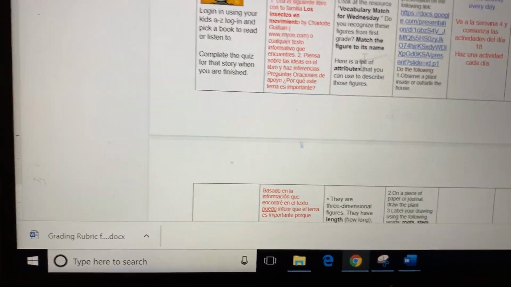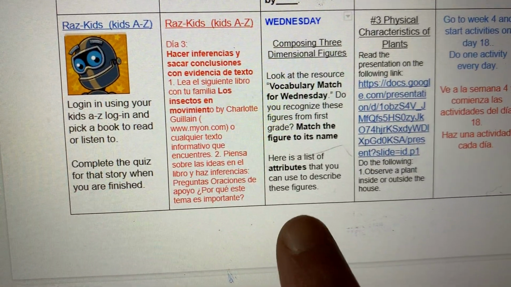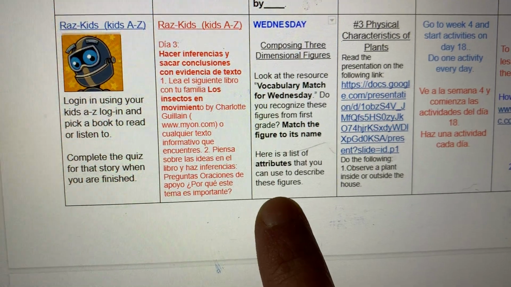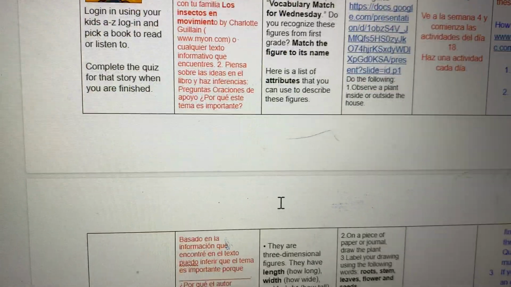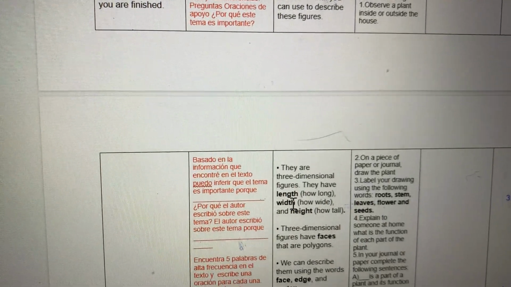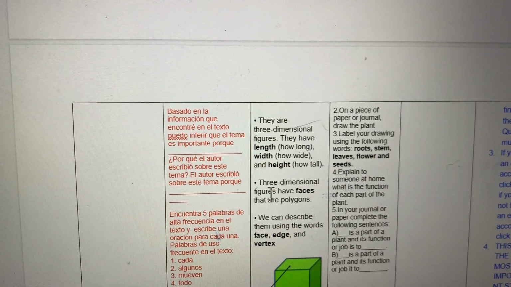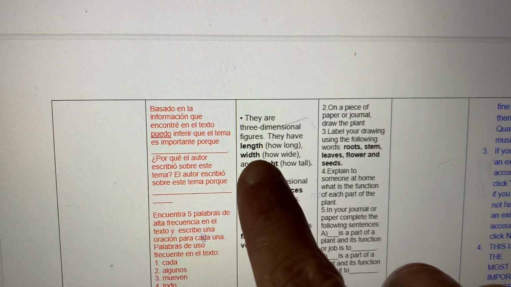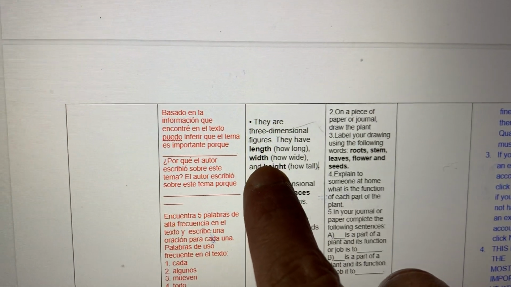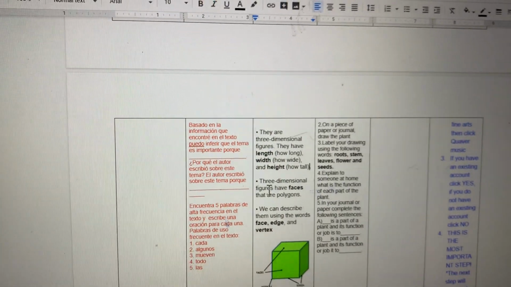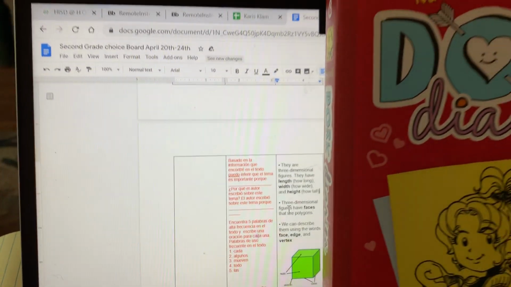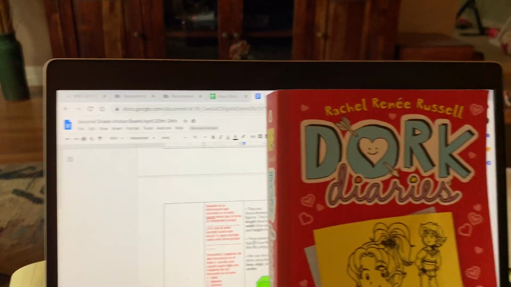Okay, so after that, we are going to look at a list of attributes or characteristics that can describe some 3D figures, okay? So 3D figures have length, that's how long it is, width, how wide it is, and height, how tall it is, okay? So actually, I wanted to show you a real example.